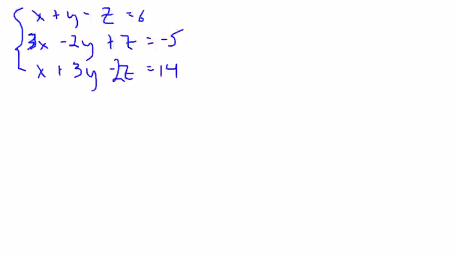Remember, I want to get that empty triangular region in the lower part, so the x, the 3x, and the 3y. I want those spots to be empty, but I want to have an equivalent system to the one that's currently here.